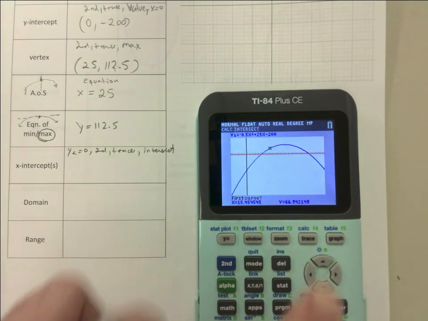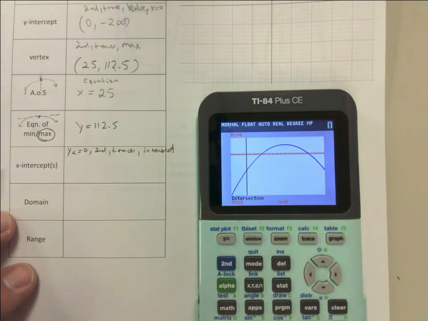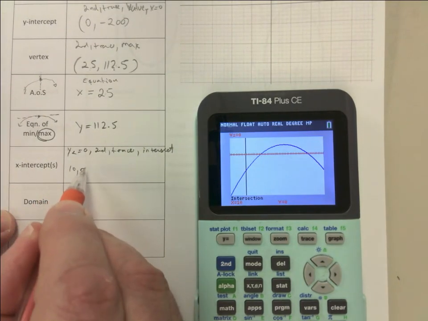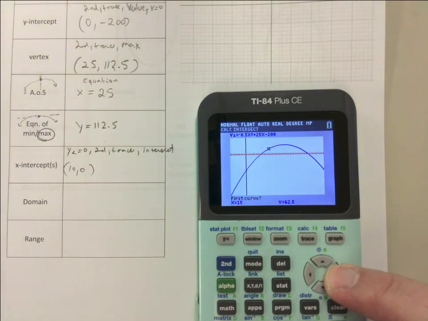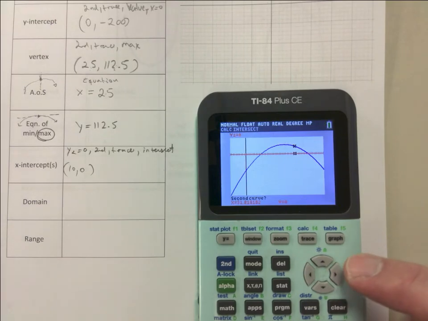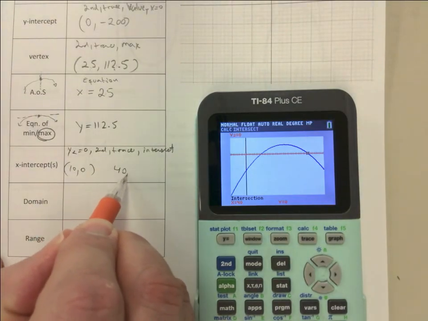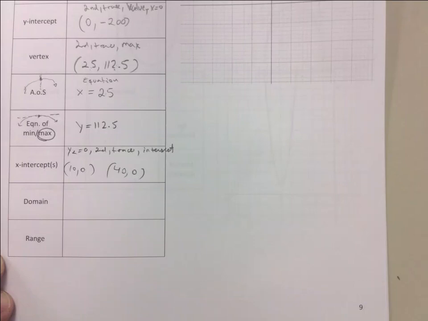I go closer to that one, enter, enter, enter. That's 10, 0. And the other one, second trace, travel over, enter, enter, enter, 40, 0. Domain and range, more about that later.